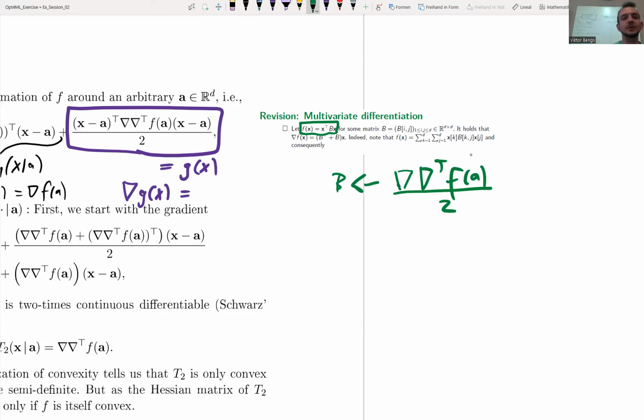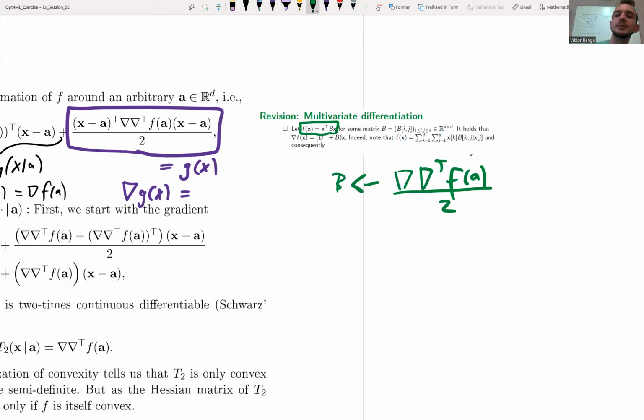Not exactly, because we also have here x minus a transpose, but the a terms are not so relevant, because only the x terms are in fact of interest. So we could also do a kind of substitution.